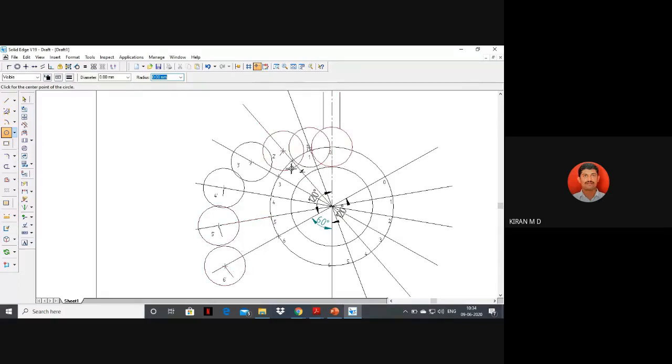If it is tangent, that means it is having contact with the roller, right? Yes, sir. Okay, just go to the curve also. From this point, tangent. Manually, just use a freehand sketch.